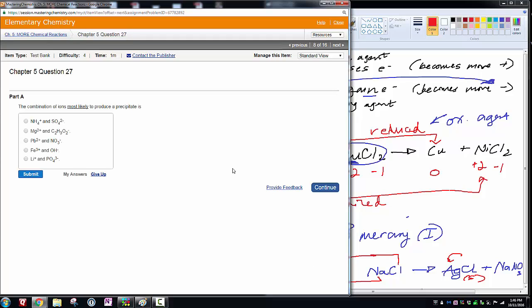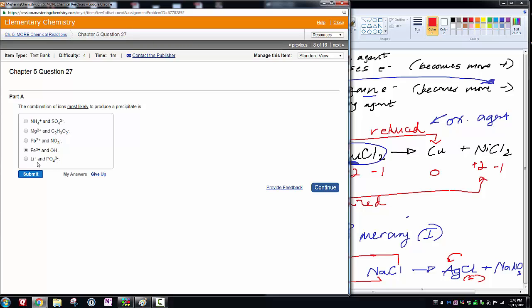All right, the combination of ions most likely to produce a precipitate would be what? Let's see, ammonium is always soluble, so we can skip that. Acetate is always soluble, so we can skip that. Nitrate is always soluble, so we can skip that. Neither of those are listed on our table of solubility rules, so that looks like a good candidate. But let's check this last one.